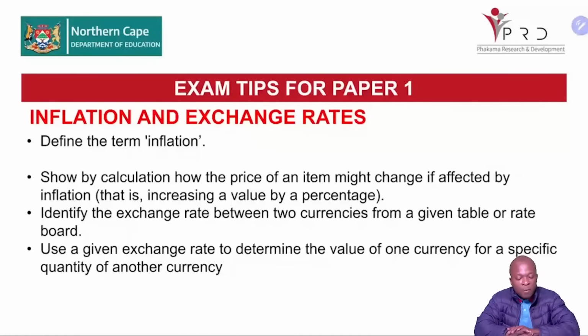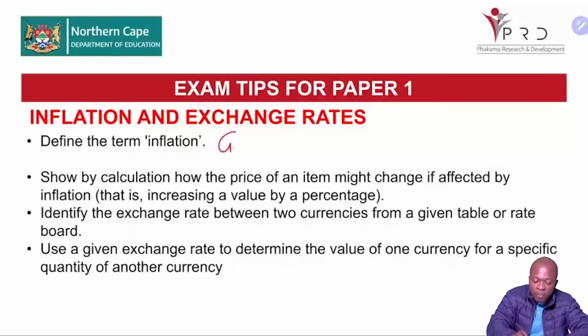Let's look at then inflation and exchange rate. Definitely, if questions are coming, they will be asking you to define inflation or define exchange rate. So whenever you find inflation, it is the gradual increase in prices of goods and services. Gradual or general. Sometimes we use general.